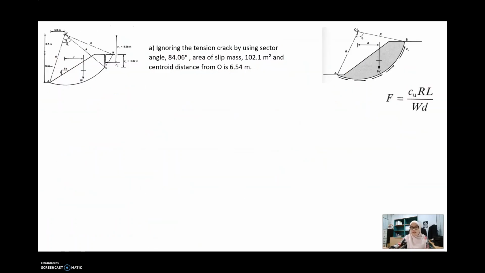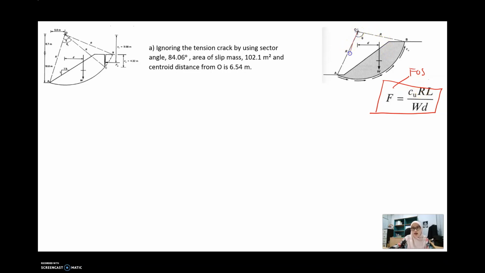Okay, now we try to solve the first condition, where we just ignore the tension crack. When you get this type of question, you need to refer to this equation. F is the factor of safety, Cu is your undrained cohesion value, and R is your radius.